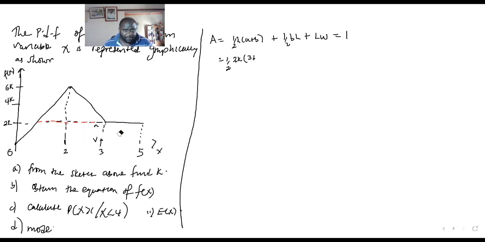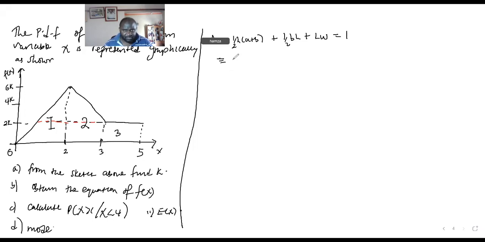Let me use this other option, which I've seen. I can call the whole of this triangle 1. I can call this trapezium 2. I can call the rectangle 3. Have you seen that? I think that is better.